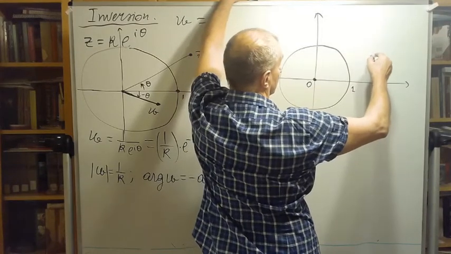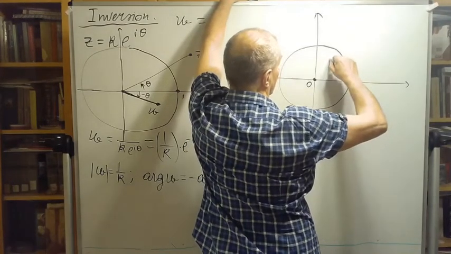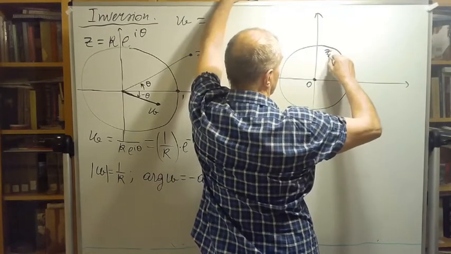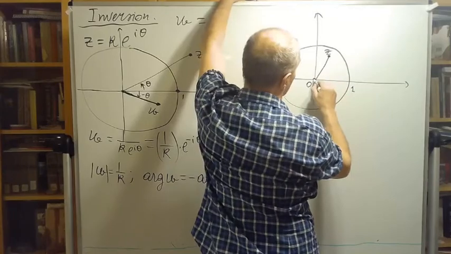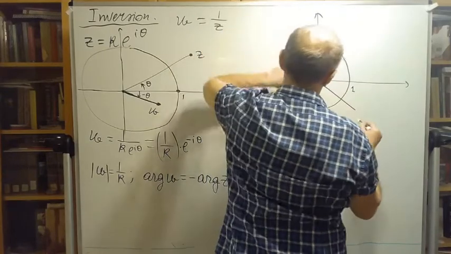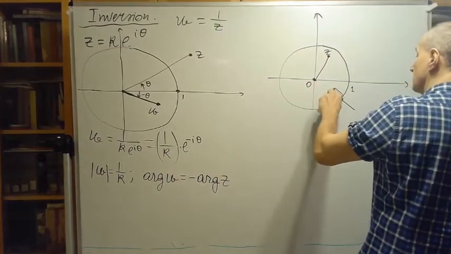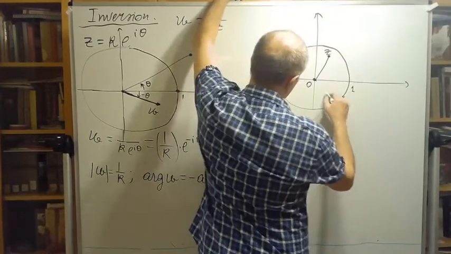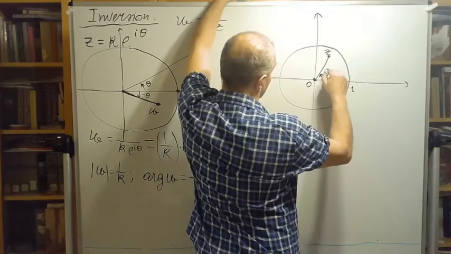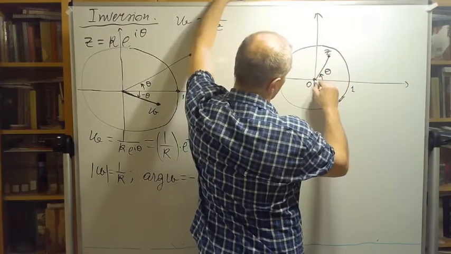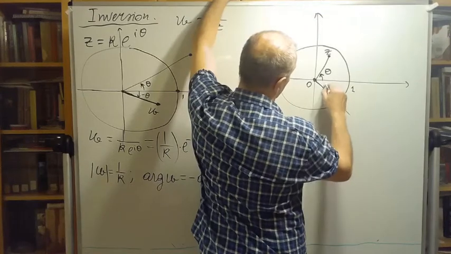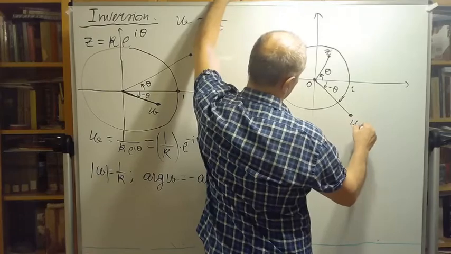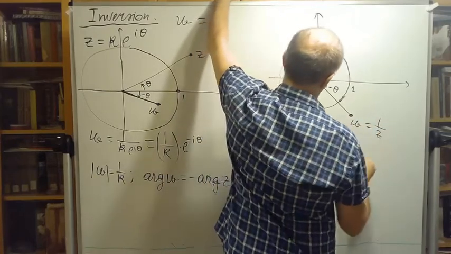And if some point, for instance, is here, z, as a result of inversion, it will be where? Just be careful when drawing these pictures. Try to be as precise as possible. This angle theta, so it must be angle negative theta. Suppose this is angle negative theta, and it will be outside the unit circle. W equals 1 over z.